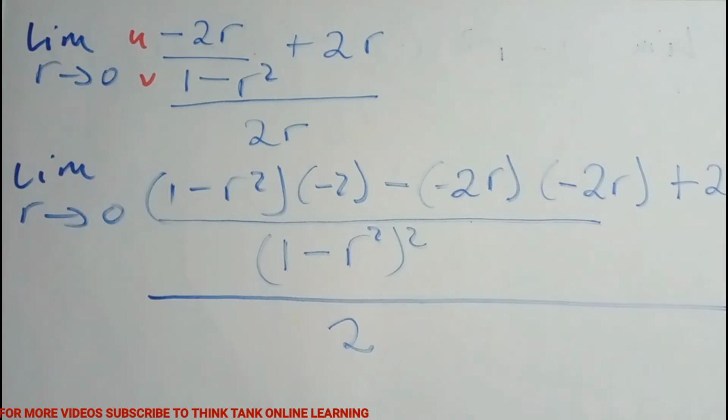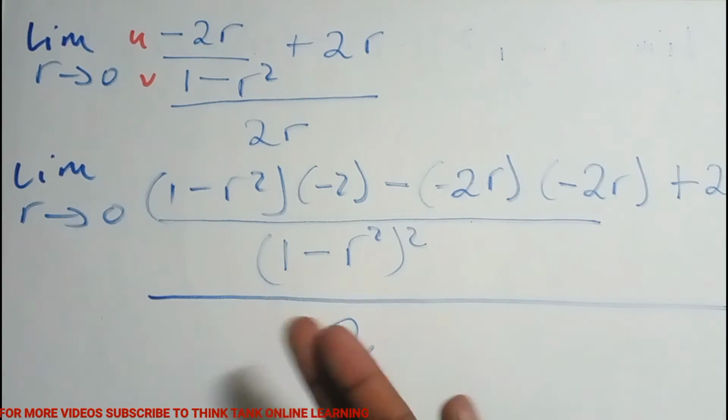As you can see, now we don't have 0 at the denominator.